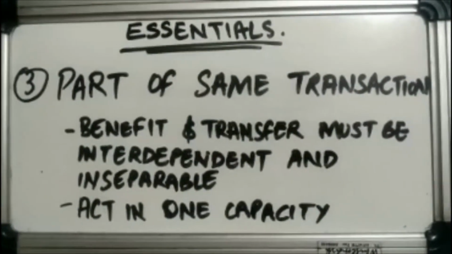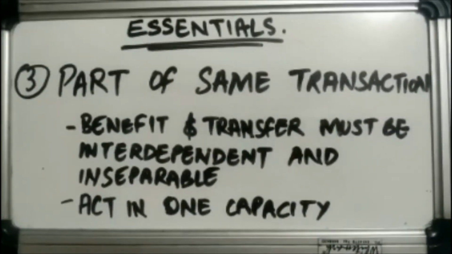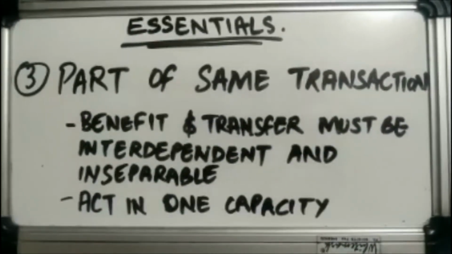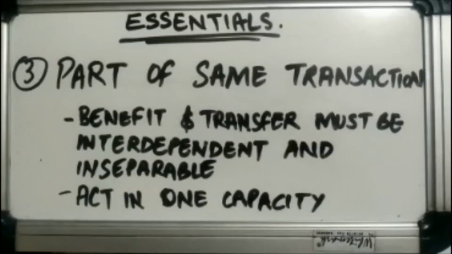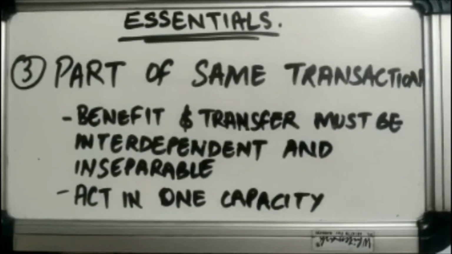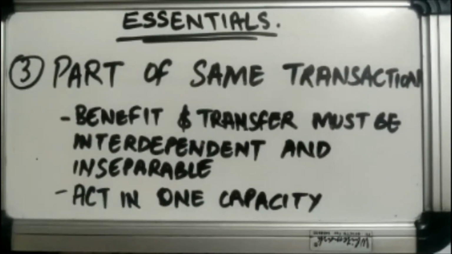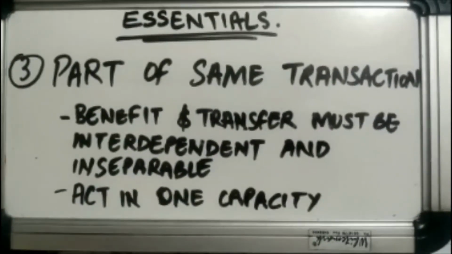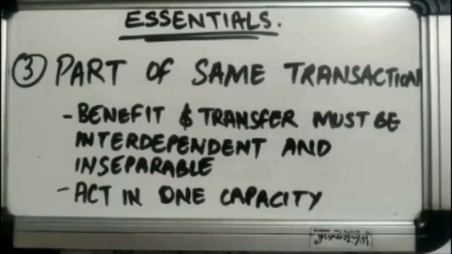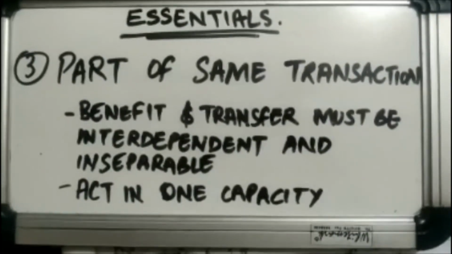The third essential is part of the same transaction. Transfer of property and conferring of benefits should form part of same transaction. Further, benefits and transfer must be interdependent and inseparable. However, it is not necessary that the two transactions are provided in one instrument.